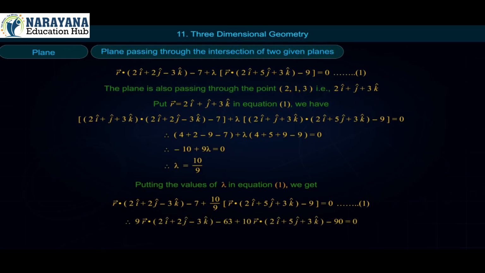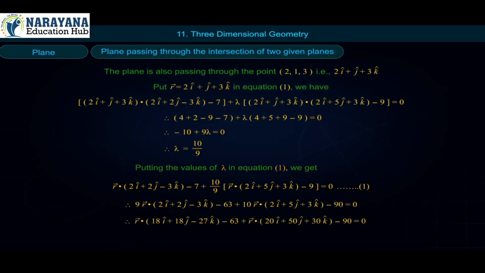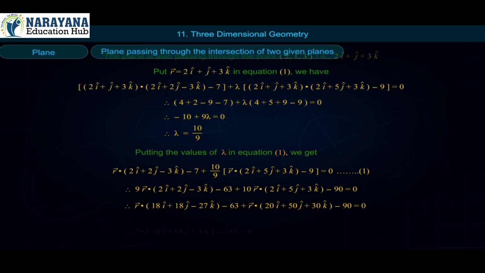Therefore, 9 vector r dot (2i cap plus 2j cap minus 3k cap) minus 63 plus 10 vector r dot (2i cap plus 5j cap plus 3k cap) minus 90 is equal to 0. Therefore, vector r dot (18i cap plus 18j cap minus 27k cap) minus 63 plus vector r dot (20i cap plus 50j cap plus 30k cap) minus 90 is equal to 0.